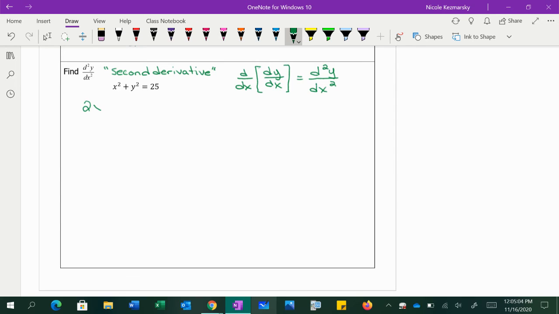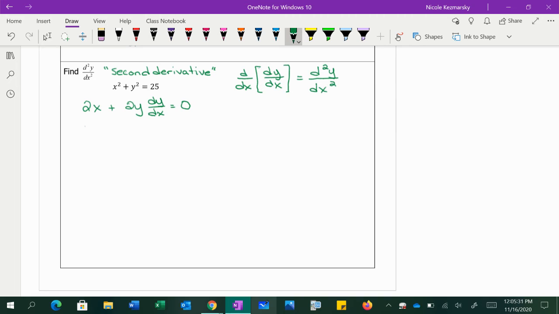So the x squared becomes 2x. Derivative of y squared becomes 2y dy dx. And that's going to equal 0 because the derivative of 25 is 0. And so in order to get the first derivative in a good position to find the second derivative, we're actually going to isolate the dy dx.